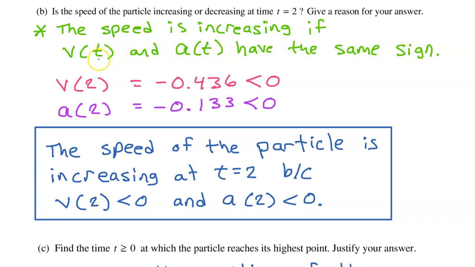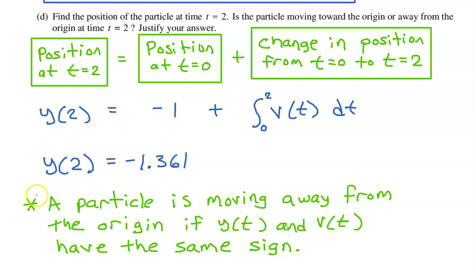I can say something similar about the position function and the velocity function. Add this to your notes. A particle is moving away from the origin if the position function and the velocity function have the same sign. If they have different signs, then the particle is moving towards the origin.